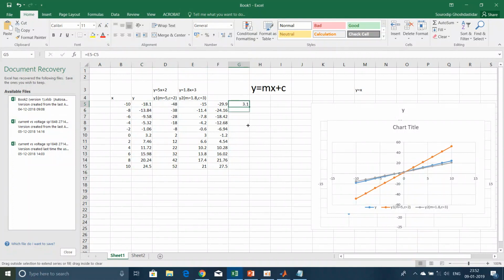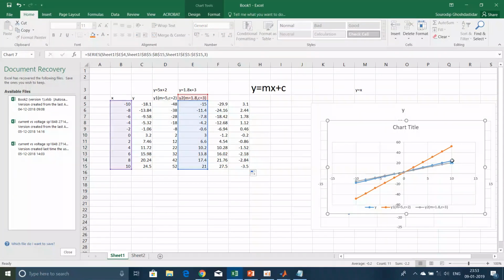We do the same thing for all the rows. So 13.84 minus 11.4 would be 2.44, 9.58 minus 7.8 would be 1.78. So this column is basically the difference between the gray line and the blue line.